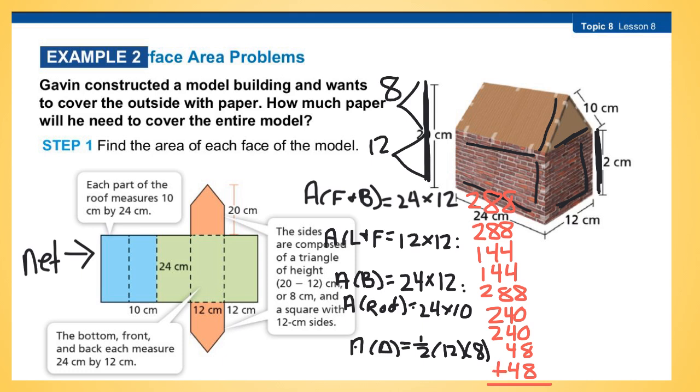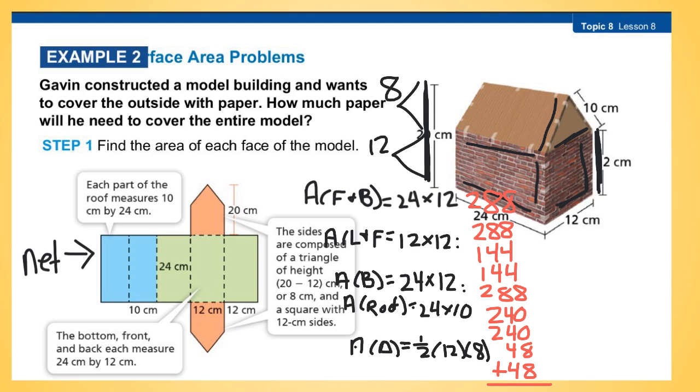All right, it's time to add all of these areas together. So we're going to have 288 and another 288. That's for the front and the back. 144 for the left, 144 for the right. I've got 288 for the bottom.